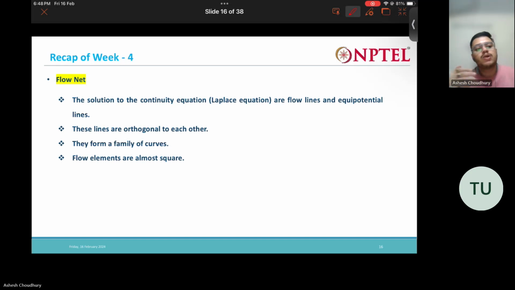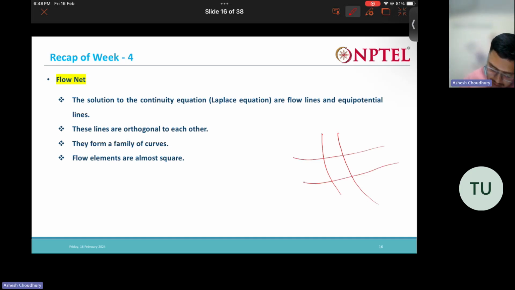Now, this flow net comprises flow lines and equipotential lines. Generally, these lines are orthogonal to each other, that is, they are perpendicular to each other. So if these are the flow lines, at all the points the equipotential lines will be perpendicular to them.